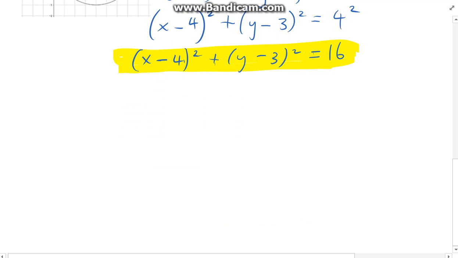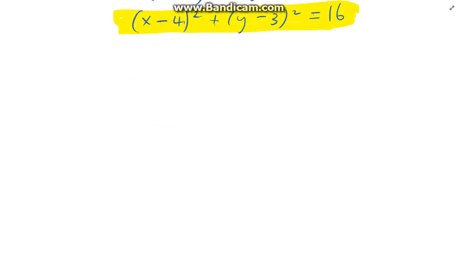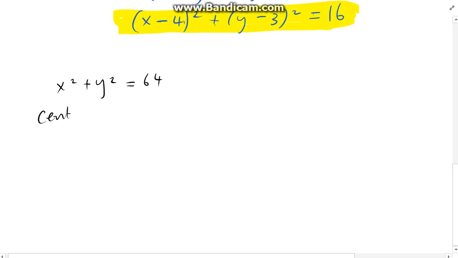Just some last things that they could ask you, so I'm just going to write out random examples. They might give you an equation, say the circle has an equation x squared plus y squared equals 64, and they say find the centre and find the radius.